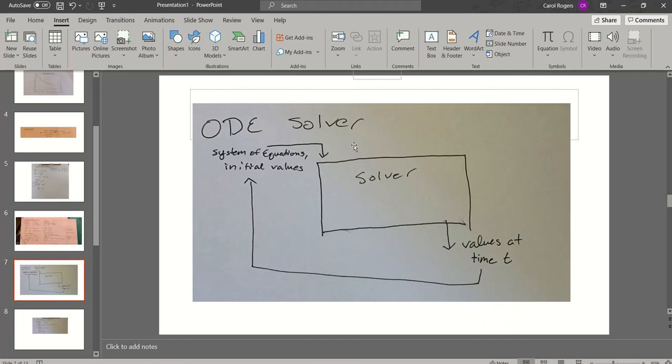So here is a little representation of how ODE solver solves these equations. It takes a system of equations and the initial values of the components that need to be solved for, and it uses an iterative algorithm, meaning it tries something, gets an answer, checks and sees if that answer is right, and then tries another guess.